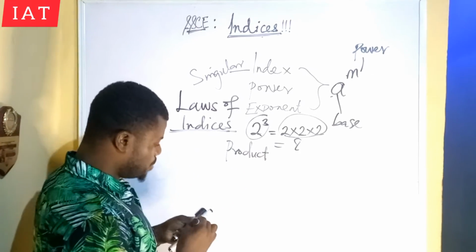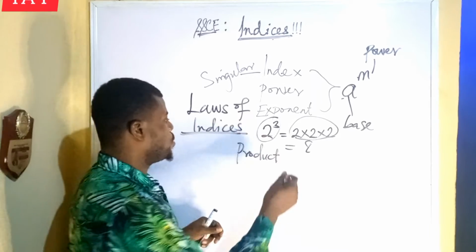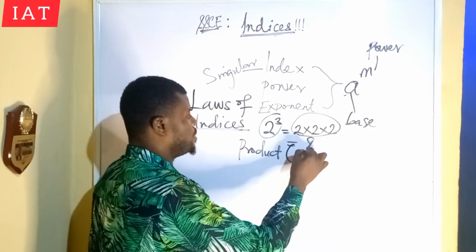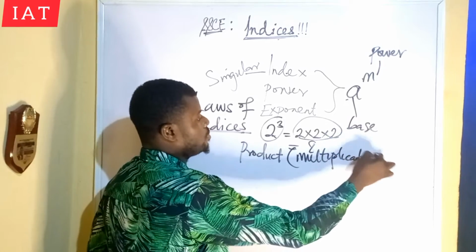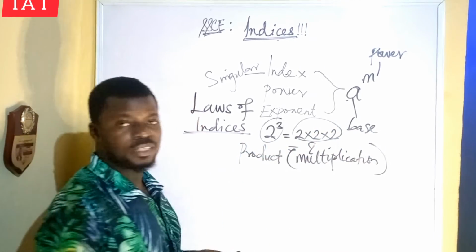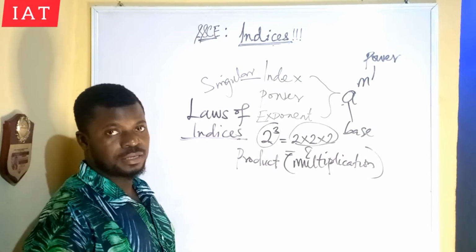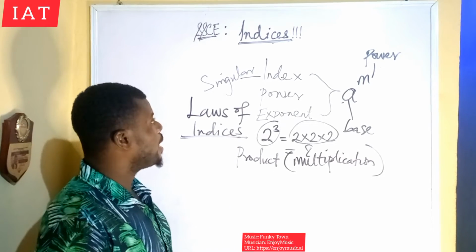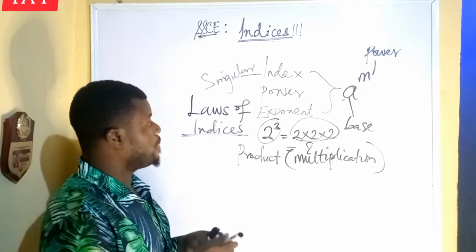Either you call it product law, or you can as well call it multiplication law. And the law states that when multiplying the same number of the base, the powers are added. So when the same number of the base is multiplied, the powers are added.